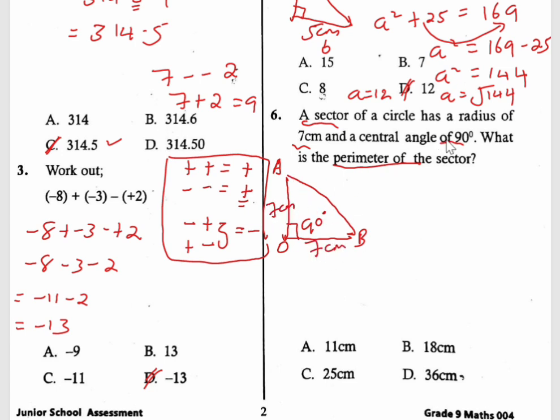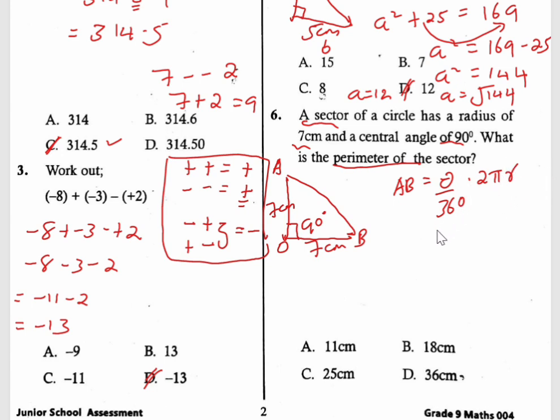We know that the arc length AB is given by the formula theta over 360, the angle theta subtended at the center, multiplied by 2 pi r. The arc length is the same as part of the circumference, because this is the part of a circle. That's why we put 2 pi r, where r is the radius.